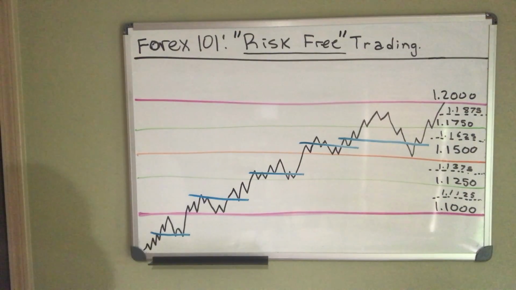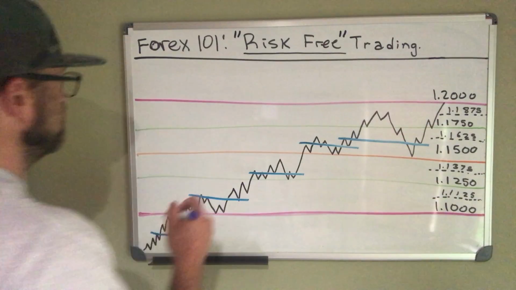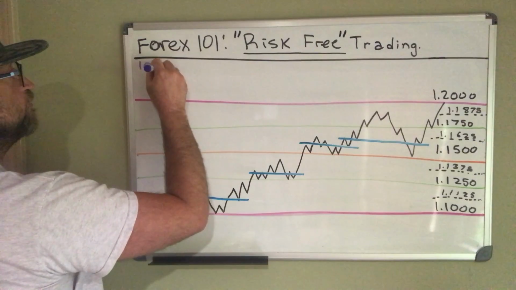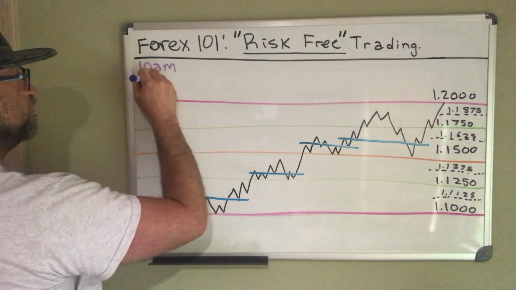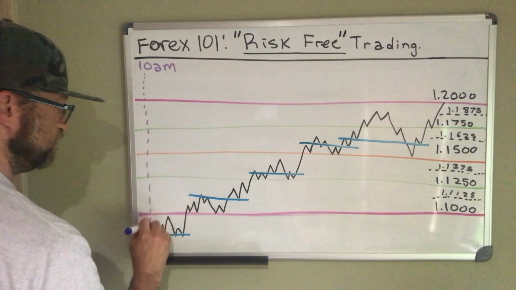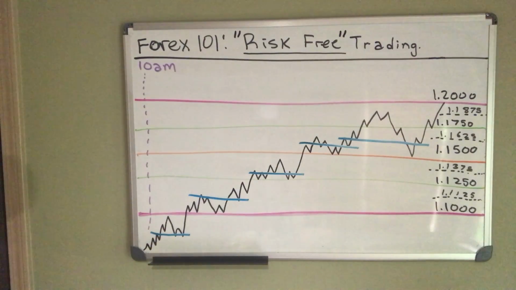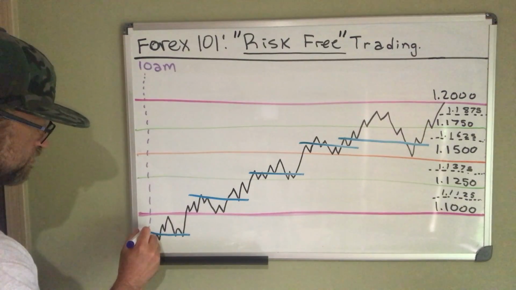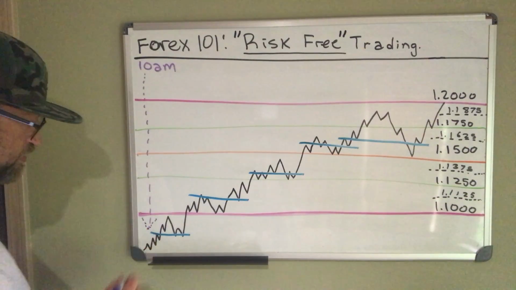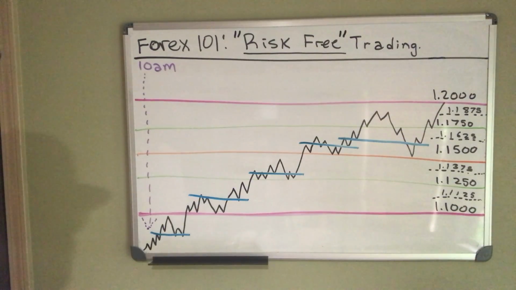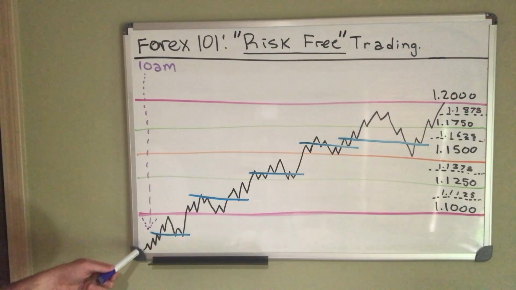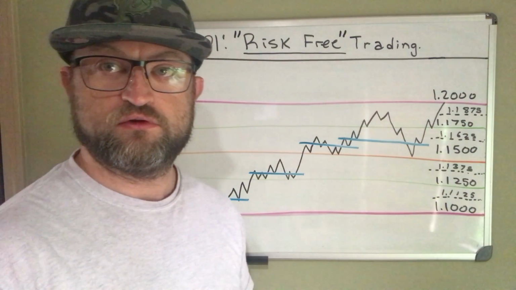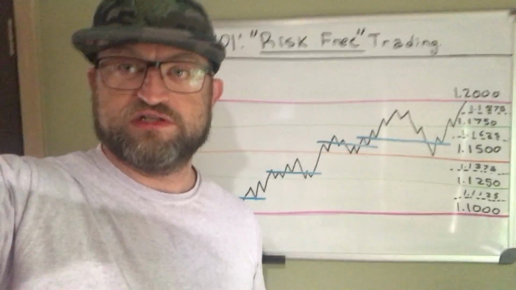Let's say it's 10 a.m. right here. Okay, that's 10 a.m. right there. Now you're approaching a key level, right? Can you see that? At 10 a.m. we're approaching the 1.1 thousand level. What do we do? What does that mean?